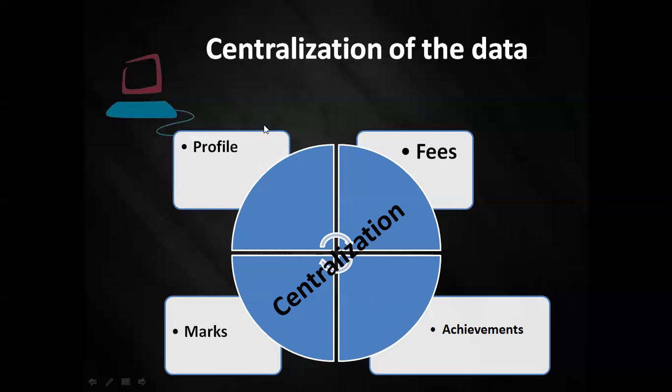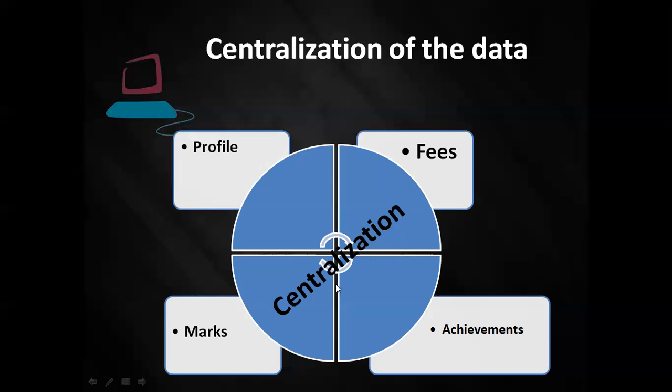In a separate file processing system, if we do the editing in the profile, the rest of the three files remain unchanged. That was a limitation of the file processing system. We need to go to the profile, then fees, achievements, and then marks. Everywhere we have to go. If by mistake one section is left, it will remain wrong always.